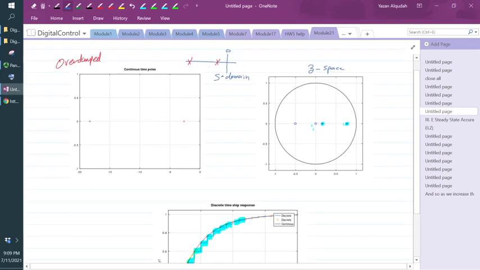Now it is apparent if these two poles keep getting closer to each other, eventually they're going to meet at a certain location, and then I'm going to have a critically damped response. In that case, these two poles are also going to move closer to each other, and they're going to overlap. And again, the poles are mapped according to Z equal to e^(ST).